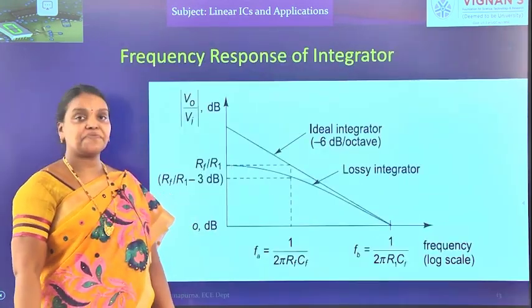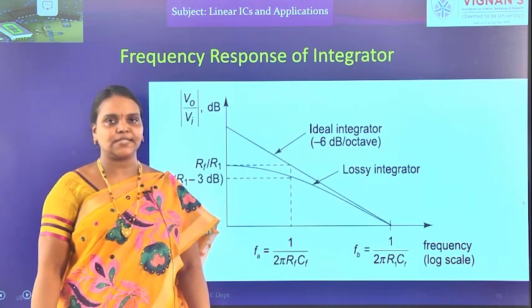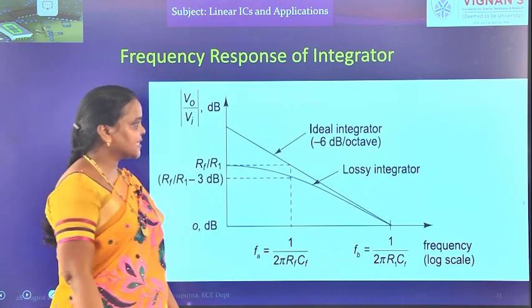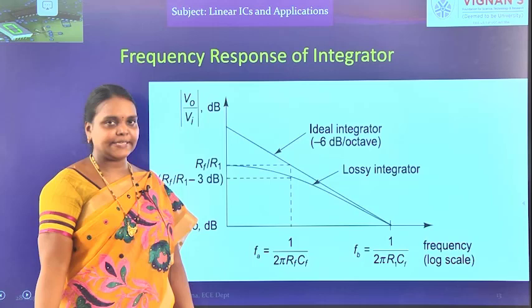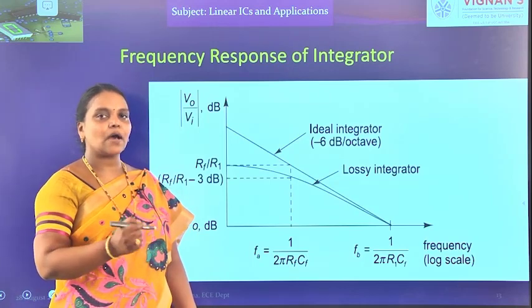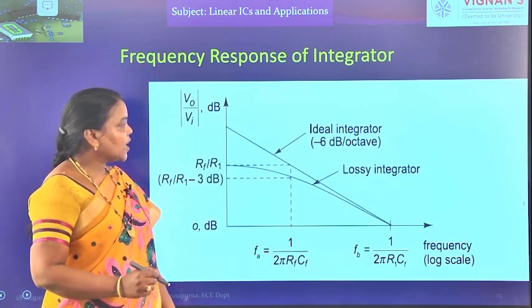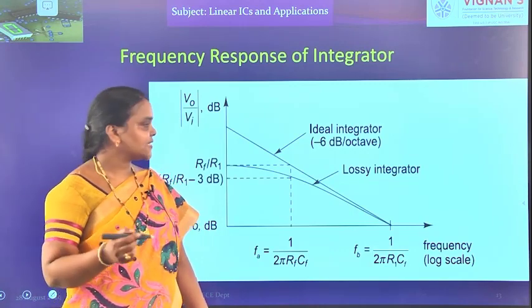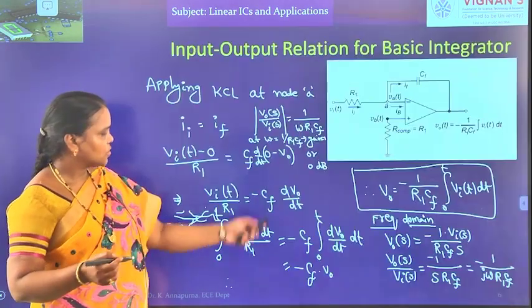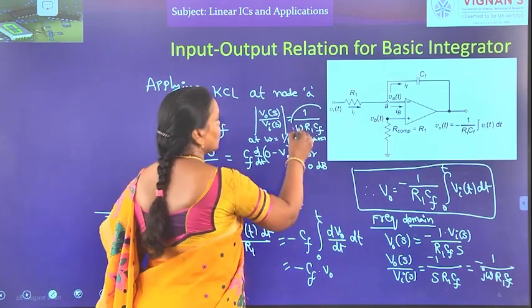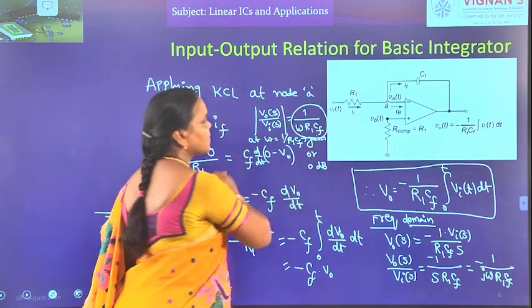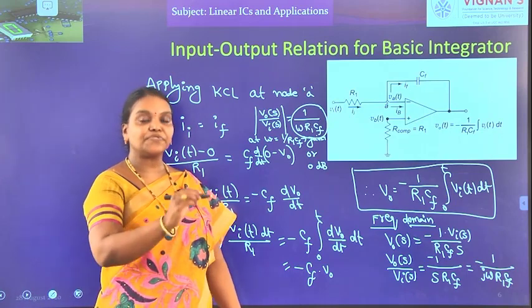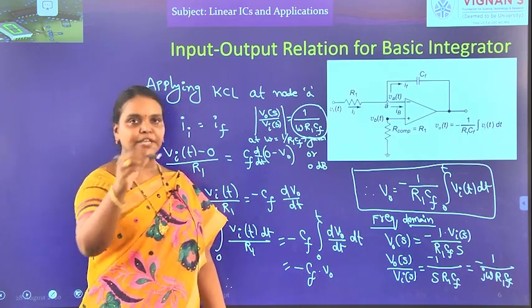Okay, now let us see the frequency response of the integrator circuit. So, this is the frequency response of the ideal or basic integrator and the practical or lossy integrator. So, coming to the ideal integrator, it is just a low pass filter, and what is the gain expression we have seen? The gain expression is 1 by omega R1 Cf. That means as frequency is increasing, the gain is decreasing.